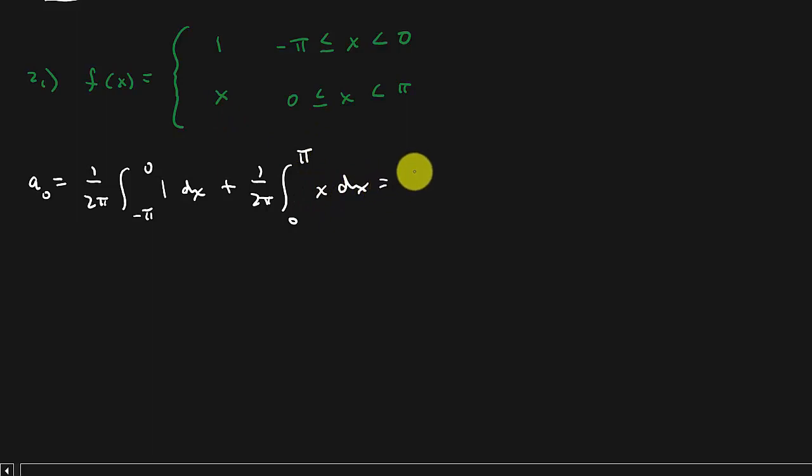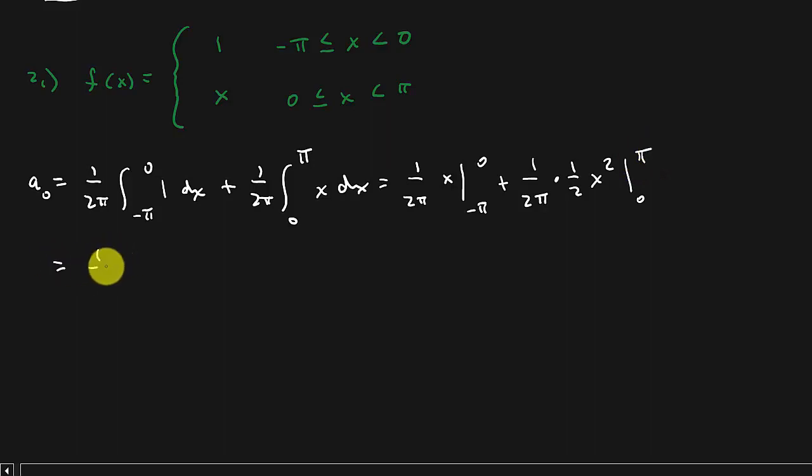So this is going to give me 1 over 2 pi x from negative pi to 0 plus 1 over 2 pi, well, we'll do that, 1/2 x squared from 0 to pi.